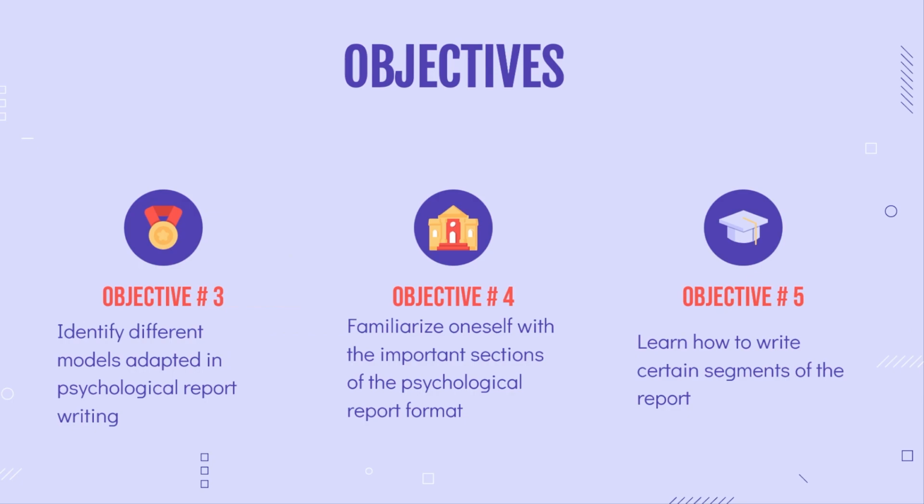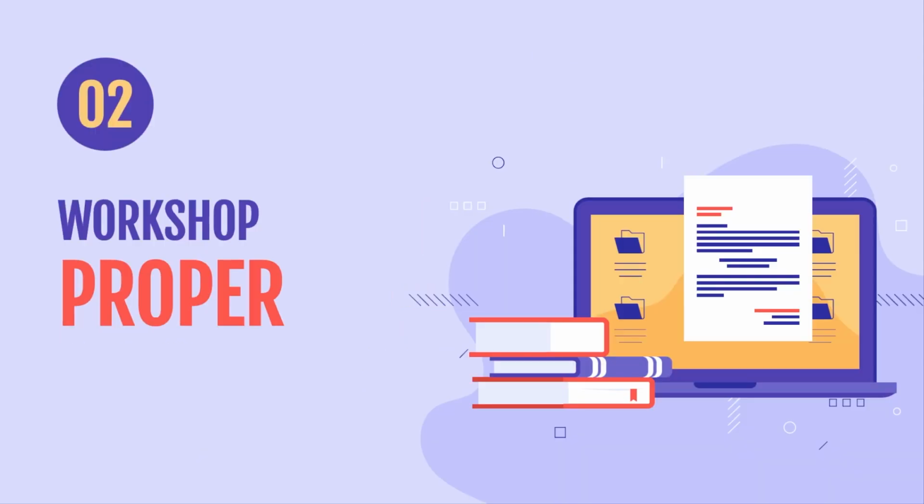Objective number 4, familiarize oneself with the important sections of the psychological report format. Number 5, learn how to write certain segments of the psych report. So those are our objectives of this session. Okay, so let's now begin our workshop.